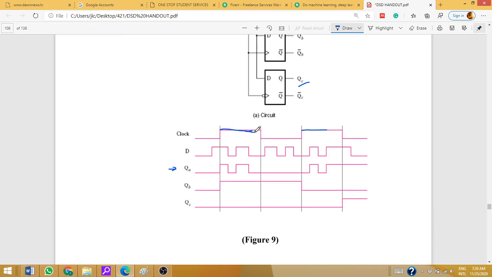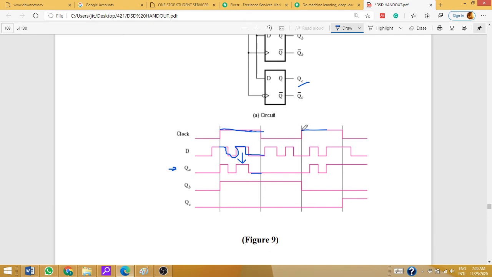Whatever is on D is happening directly. For example, during this high level, D is changing like here, falling, rising, falling. So it is exactly like here if you see. Here it is stable, here it is stable as well. During this it was low, now it is following low. Whatever is changing on D, it is not following because of low level.